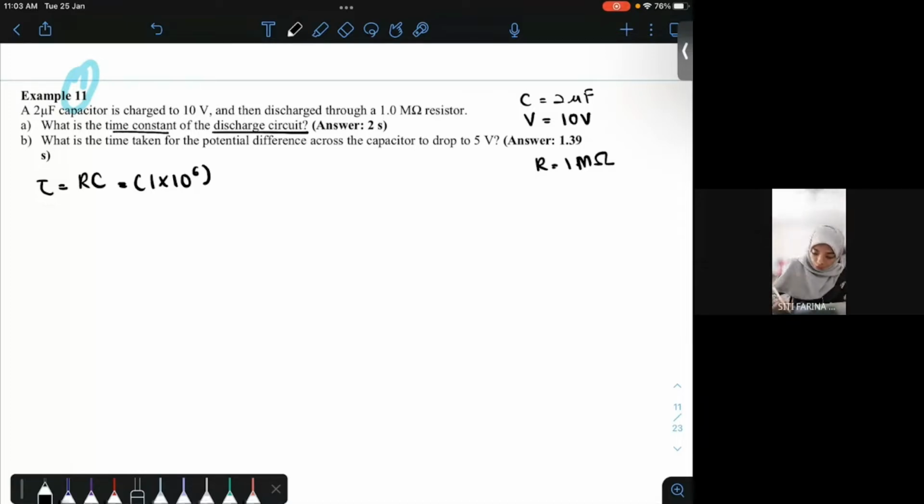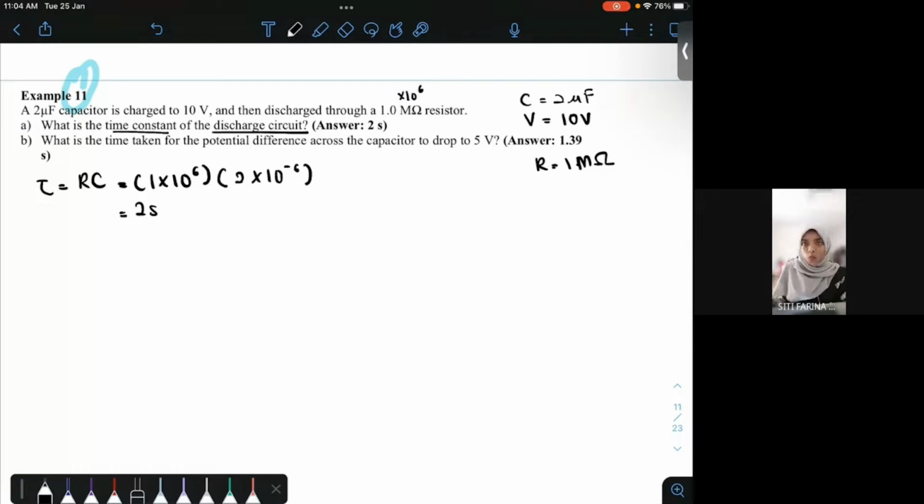Mega kuasa 6. 10 to the power 6. And then your capacitor is 2 microfarad to exponent negative 6. And then tekan calculator. Right, you will end up with 2 seconds. So this is your time constant.